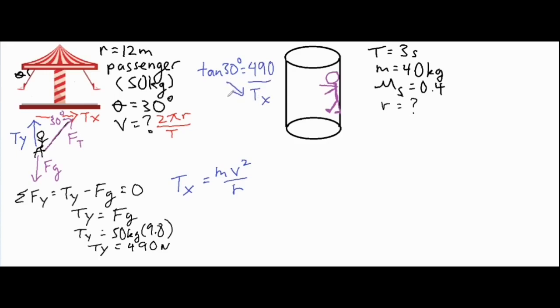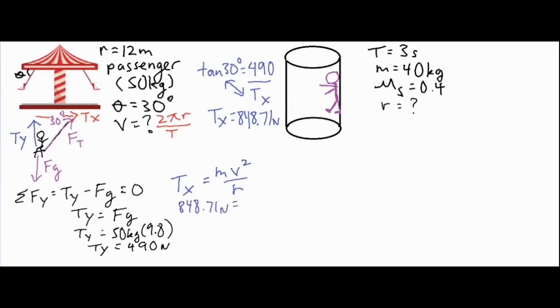And then we can go ahead and cross multiply those two. And 490 divided by tangent of 30 degrees is going to give us the x component, 848.71 newtons.